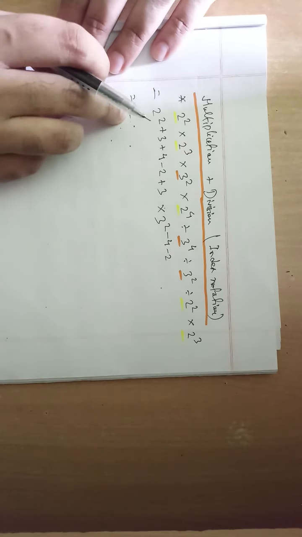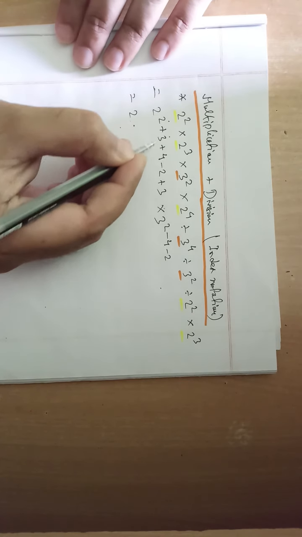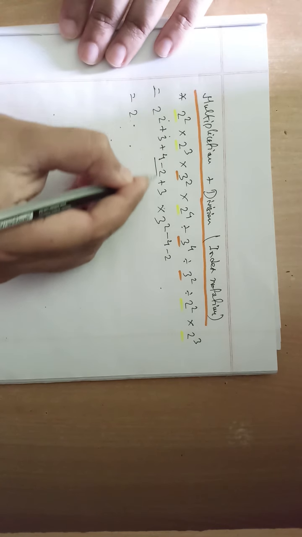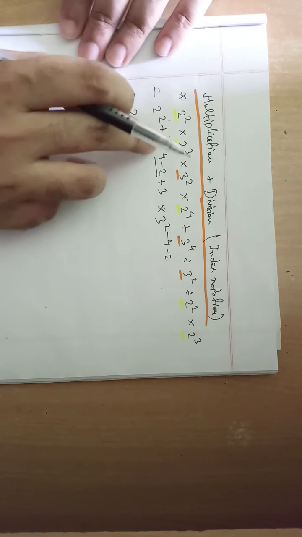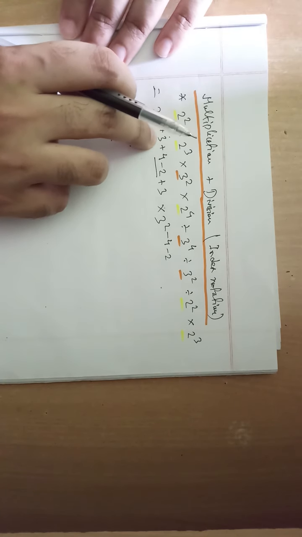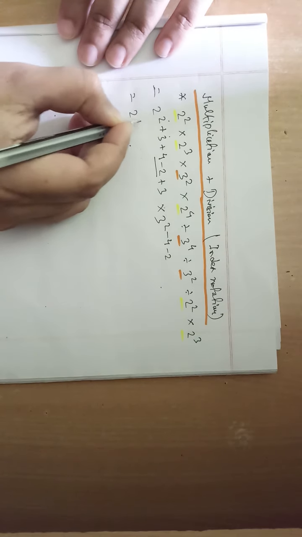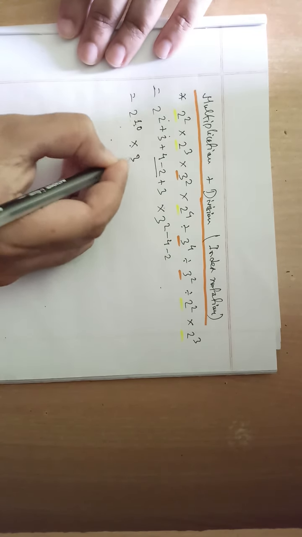So base 2 I have written here, so just add them up. So 2 plus 3 equals 5. Okay, so if I subtract this, 4 minus 2 gives us 2. So 2 plus 3, 5. 5 plus 2, 7. 7 plus 3 equals 10. It gives us 10, and then multiplied by, write the base first, 3.